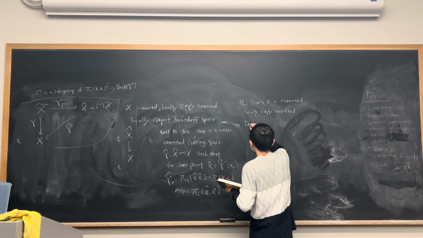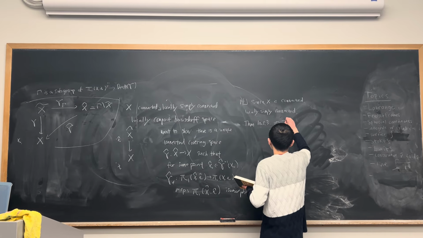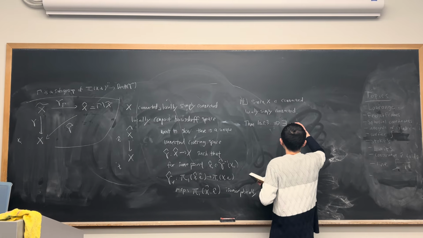Theorem 10.3.3, which is the existence of universal coverings, implies that there exists a universal covering space.